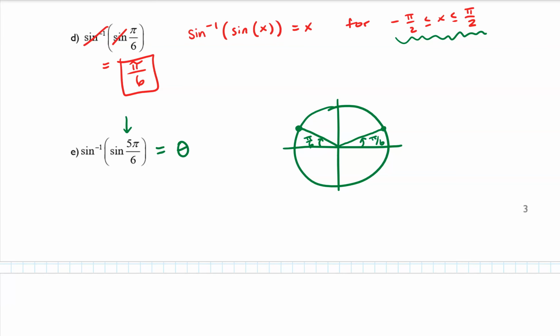And notice that whatever the y value is here, it's going to have the same y value here. And so now I have found the angle that falls between negative pi over 2 and positive pi over 2 that gives me whatever that sine value is. So we know that sine inverse of sine of 5 pi over 6 is pi over 6.